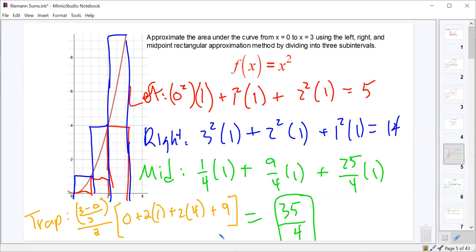And what does that come out to be? It comes out to be half of all this, 19 over 2. And we'll note that the trapezoidal approximation is always the average of the left and the right hand rectangular approximations. Good or no?